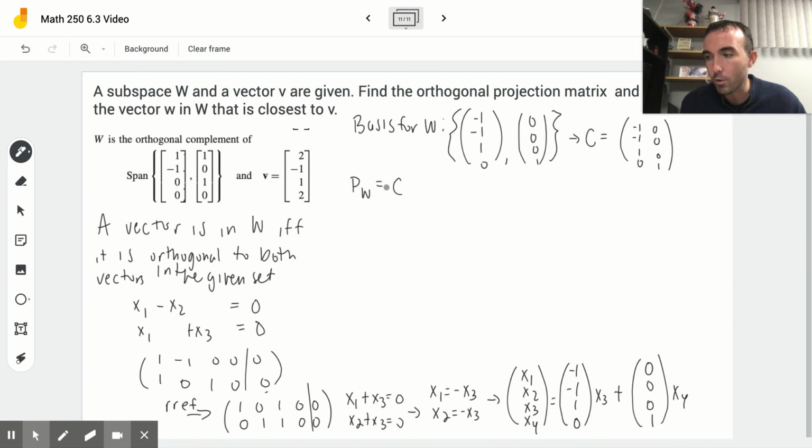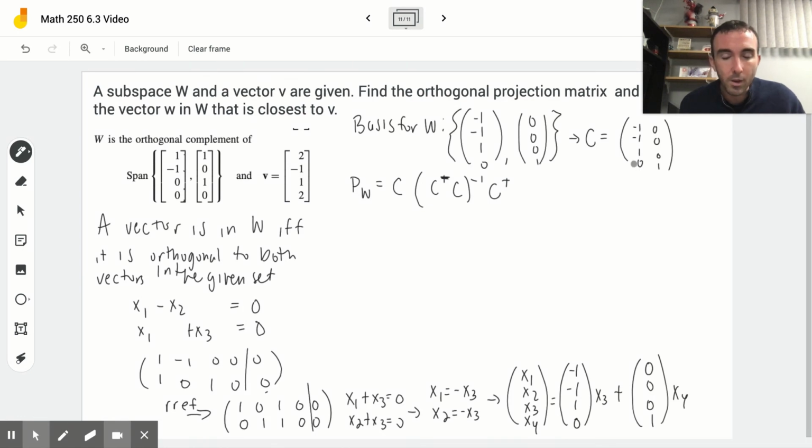I take matrix C, multiply it by C transpose C inverse, that's an uppercase T here, inverse goes on the outside, and then C transpose again. So this is the formula for an orthogonal projection matrix.